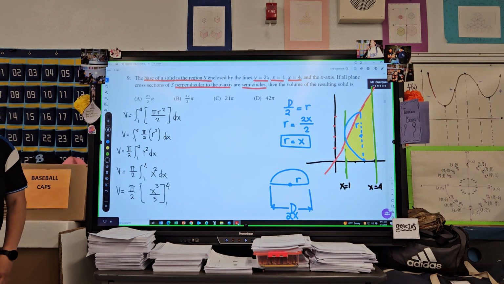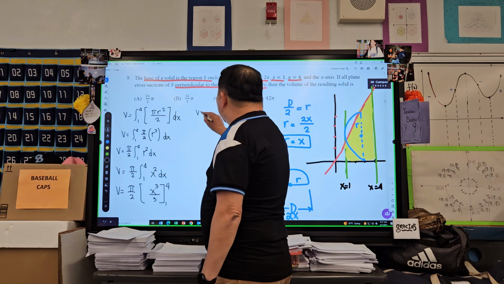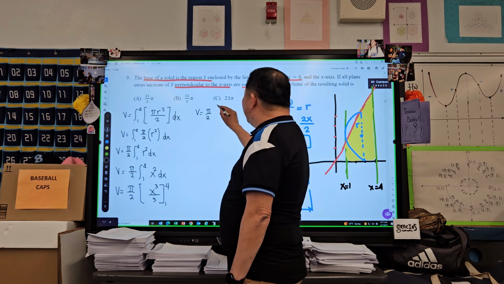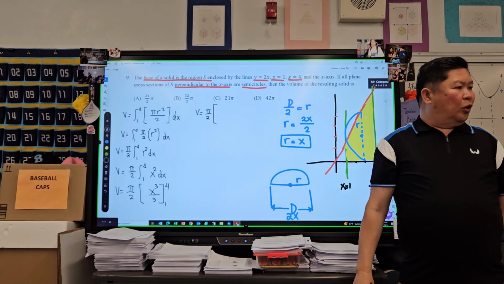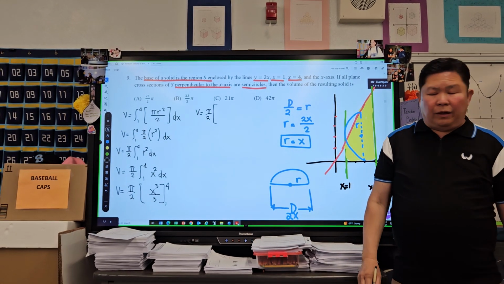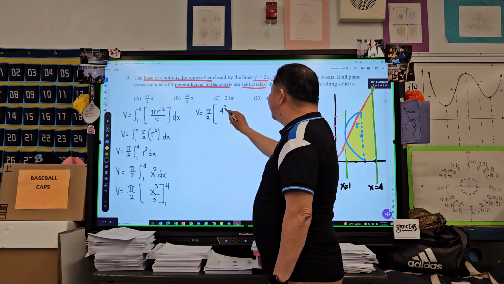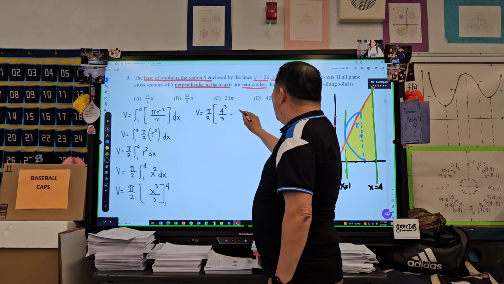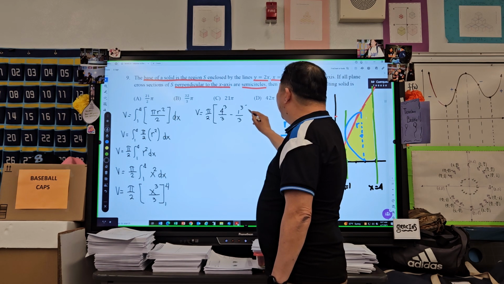And then plug in now the upper limit minus the lower limit. So volume is equal to pi over 2, and then you have 4 to the power of 3 over 3 minus 1 to the power of 3 over 3. Is this clear?